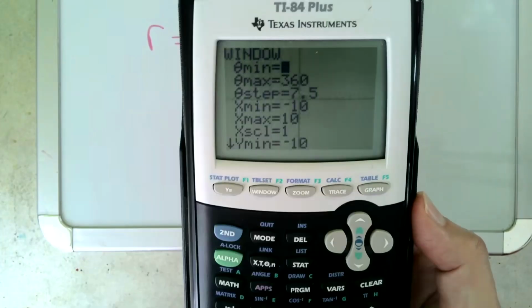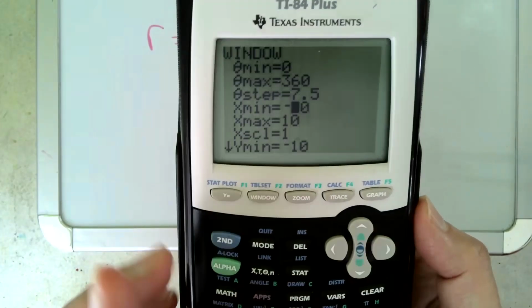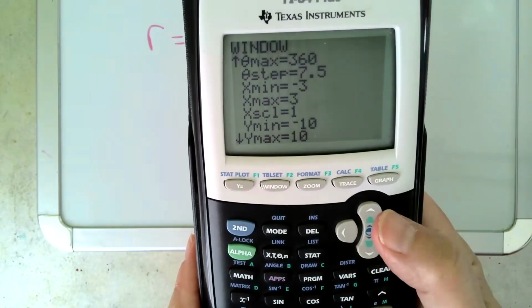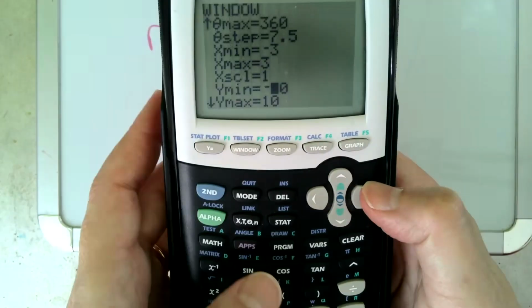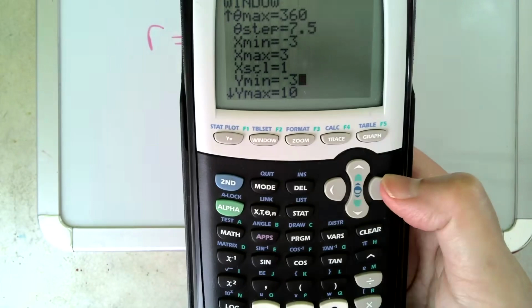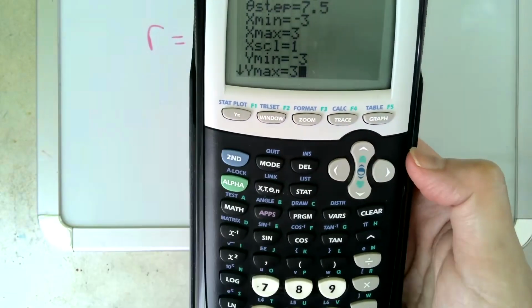So I'm going to go back to my window and try changing this to -3 to 3. I'm going to do the same with my y max and min, because again, I could see it wasn't very big. All I'm doing here is typing right on top of this a 3, and then I want to get rid of that 0, so I'm typing a delete. You could also do it by clearing that and then typing in what you want.